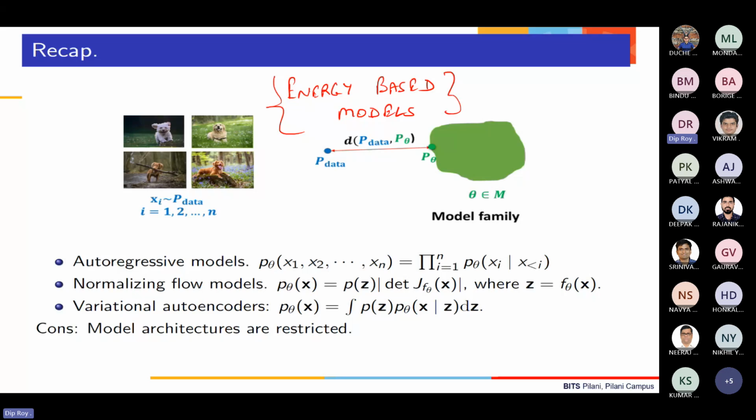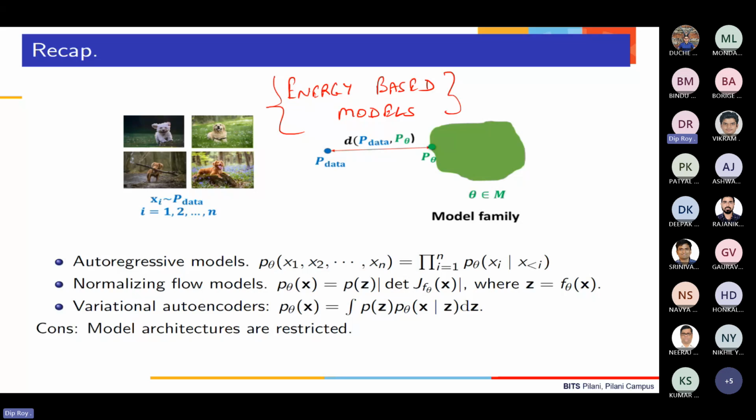Autoregressive models, where your probability was defined by a chain rule, that is, a product of the conditionals. Normalizing flow models, where you had an invertible function, you could go from x to z and z to x. Variational autoencoders, where you did not have direct access to the likelihood, but you took the help of the ELBO and essentially approximated it.